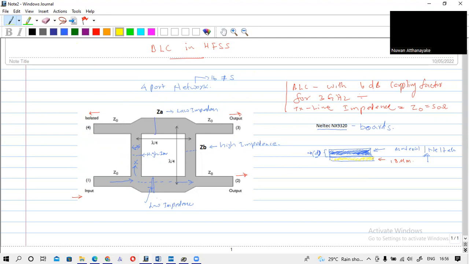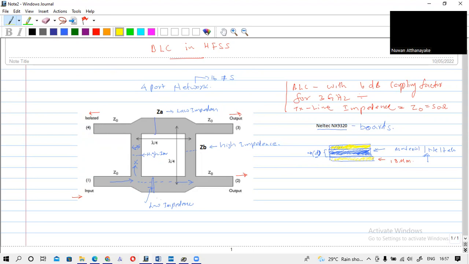After that we have another copper plate, a very thin copper plate, around 18 micron range. Another copper layer or copper sheet.